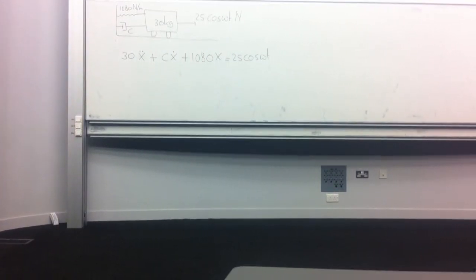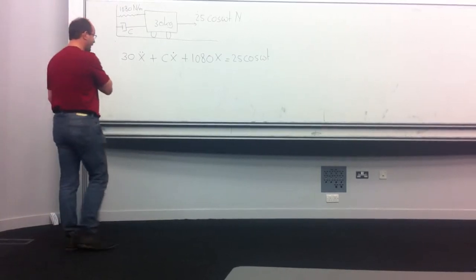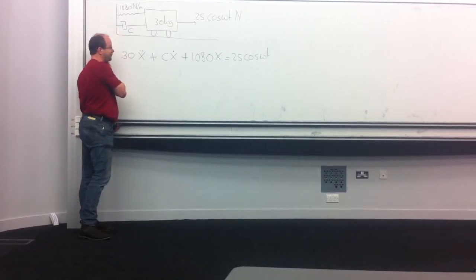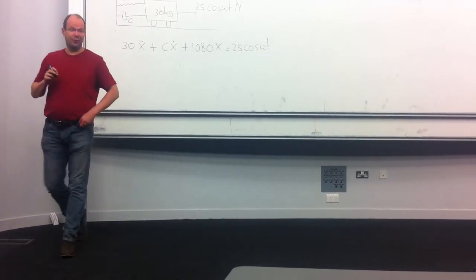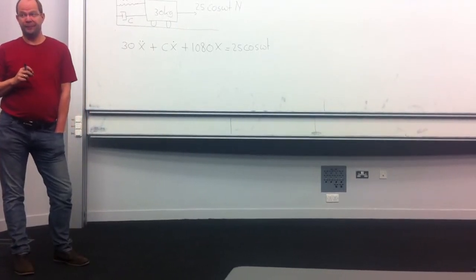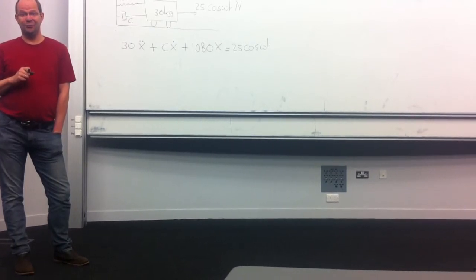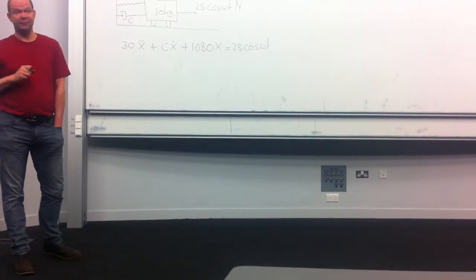Now you always want to write this in standard form, and in standard form we have that the term in front of x double dot is equal to 1. So what we first need to do is divide everything by 30.